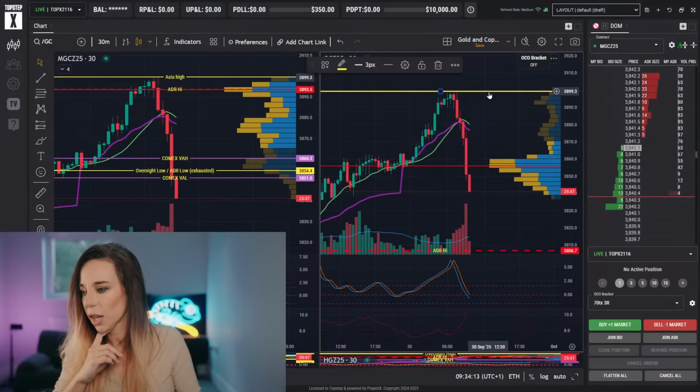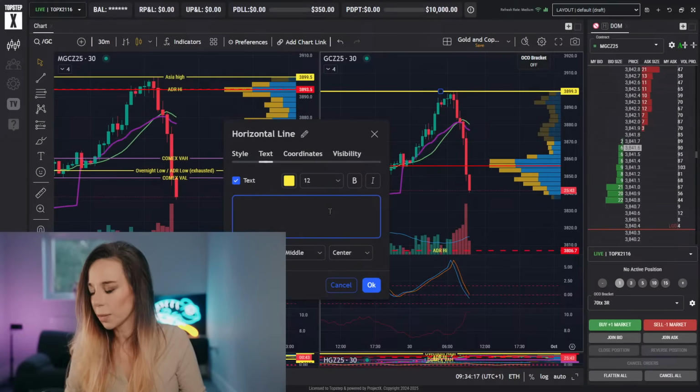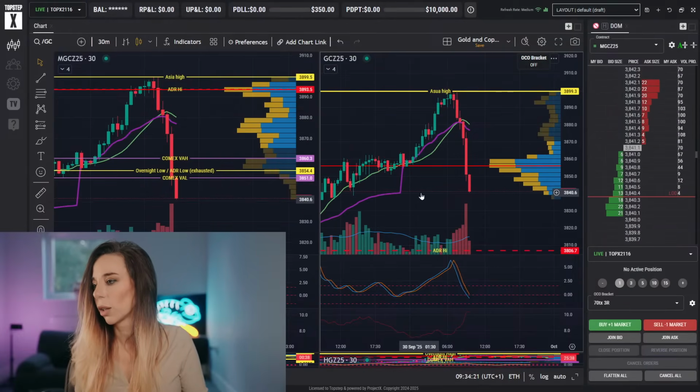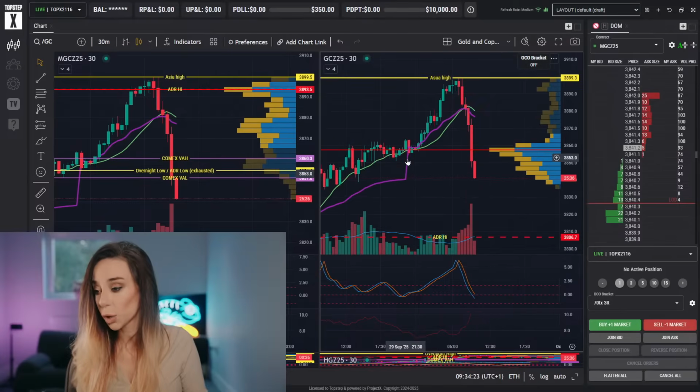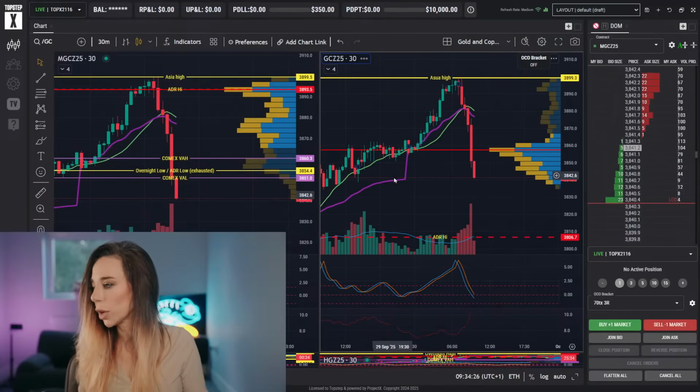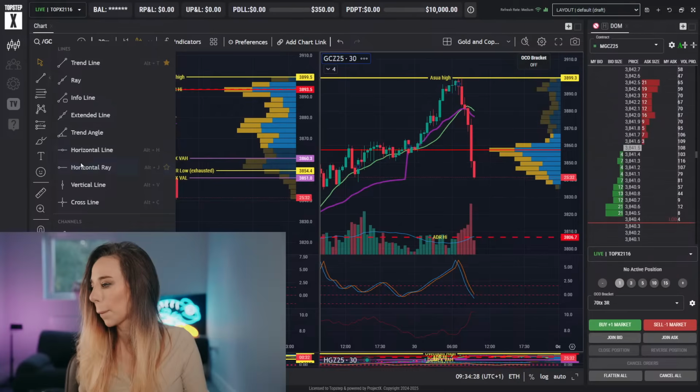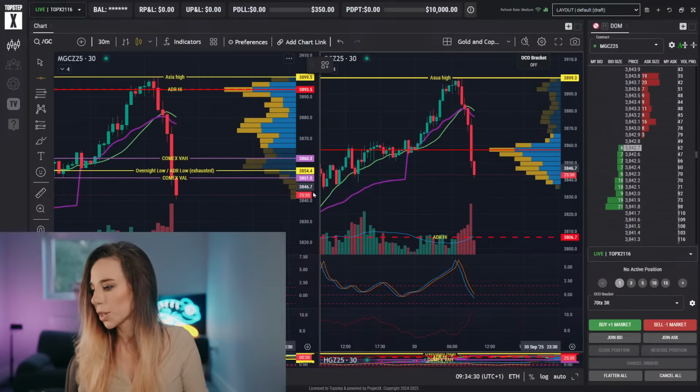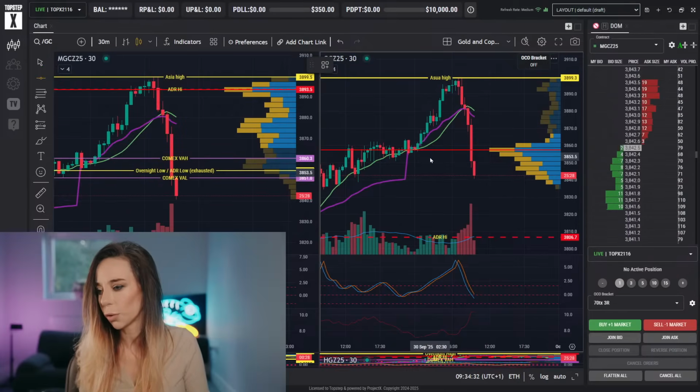So we have the Asia high up at 3899.3 on gold, and the low, which we are actually breaking through at the moment, the Asia low was at 3854.4.